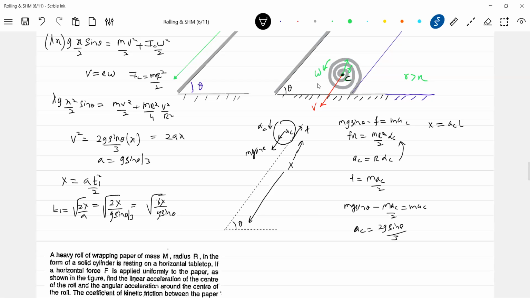Then x equals AC t square by 2. The ratio of t1 by t2 will be root 2.